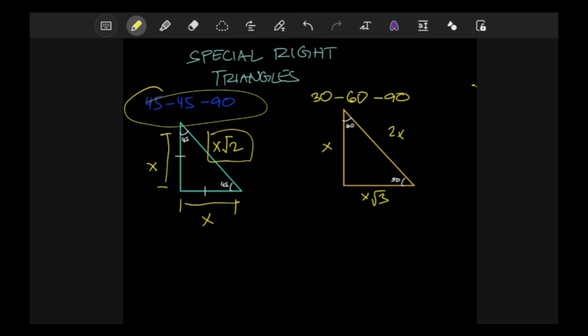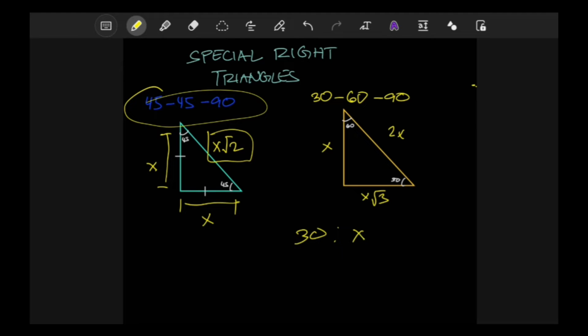Here, you all know that in 30, 60, 90, the smallest side is x because the angle opposite of this side is 30 degrees. So always remember, let us write this notation. 30 is facing x.